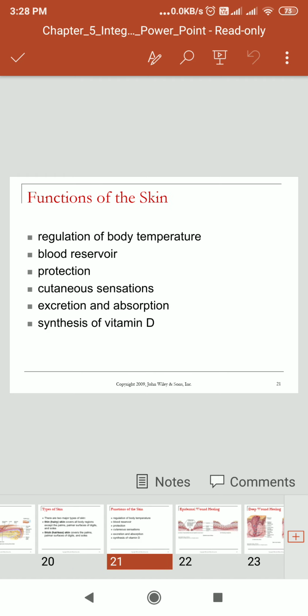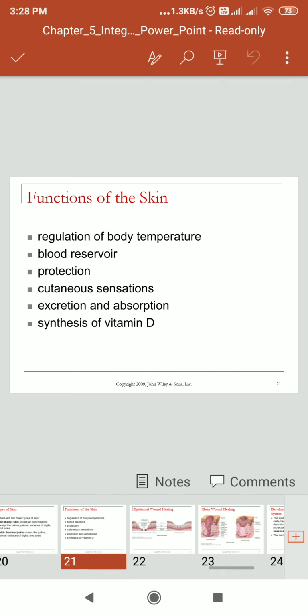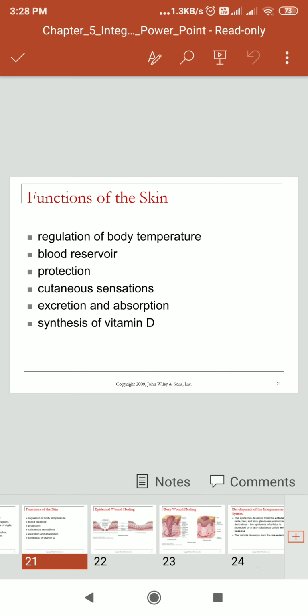Functions of the skin: regulation of body temperature, blood reservoir, protection, cutaneous sensations, excretion, absorption, and synthesis of vitamin D. These are the main functions of the skin. If they don't have any type of skin, they cannot tolerate temperature, whether high or low.